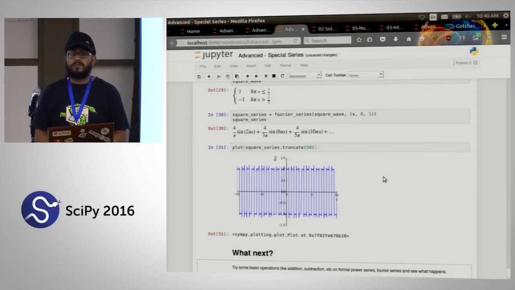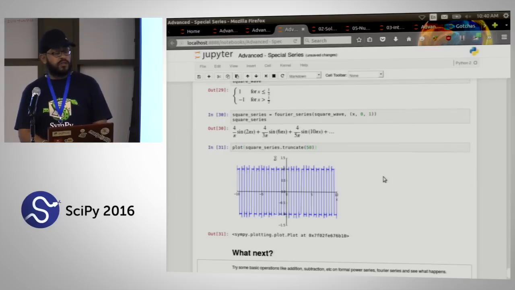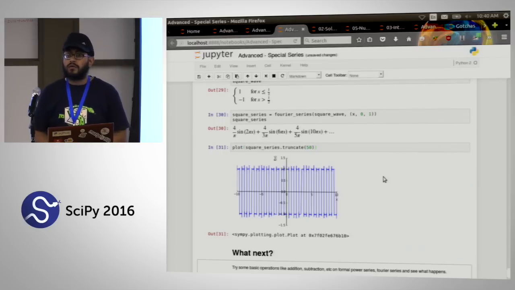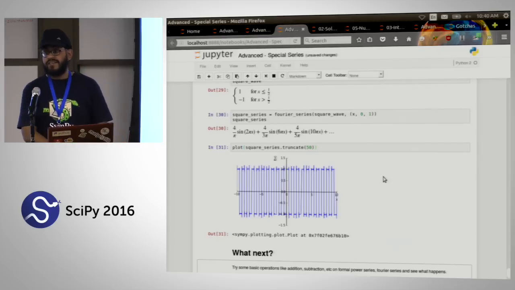Any questions on the series part? Further, you can try adding two formal power series or subtracting them. Try multiplication as well, see what happens.